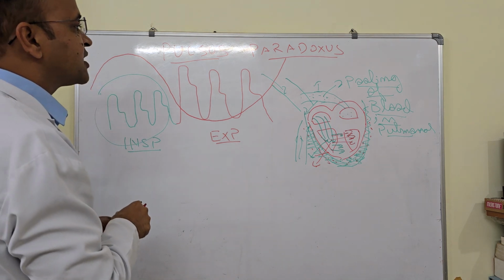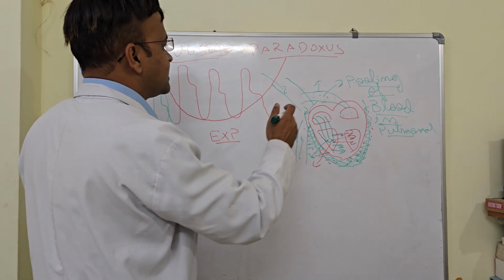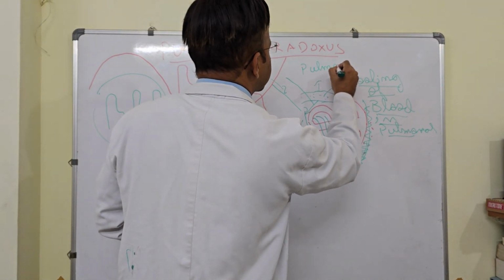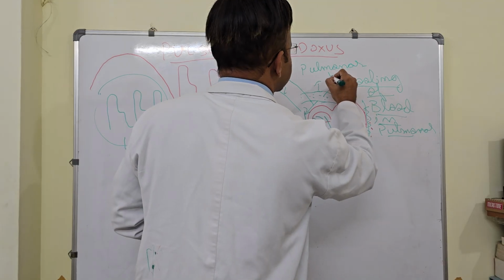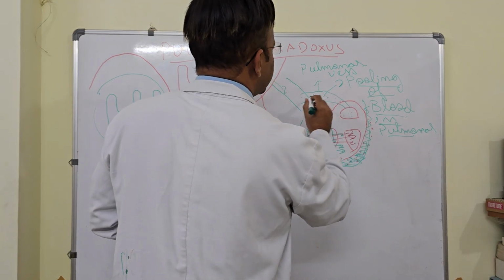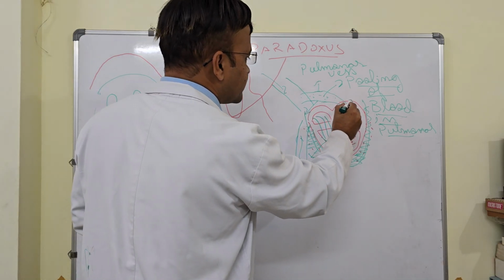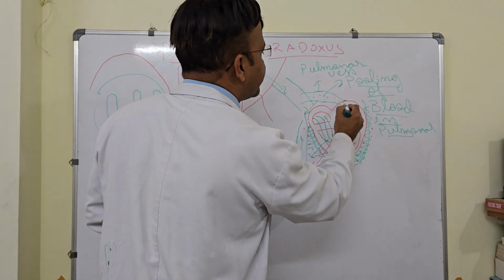There is one more mechanism responsible for this phenomenon, that is, we have got a lot of pulmonary vessels over here, right? Now, these pulmonary vessels supply blood into the left atrium.